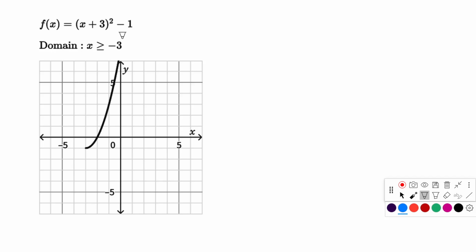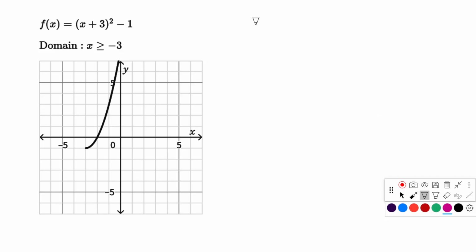And that's because the inverse of this function would not be a function if we were to graph the entire parabola. If I were to reflect this, I would end up with some x values having more than one y value. And if that's the case, you won't have a function.